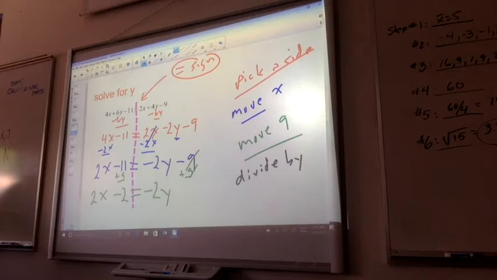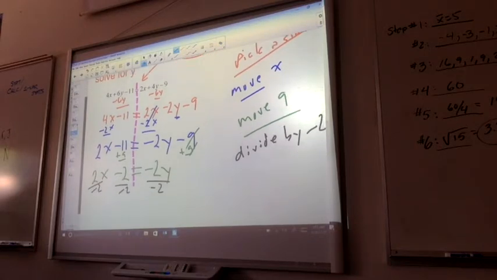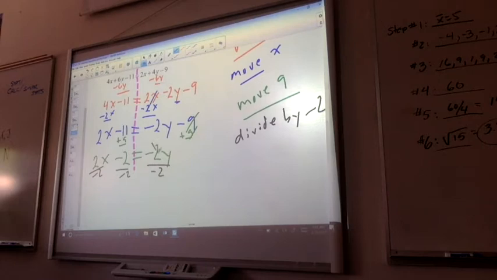And then divide by what to get y by itself? Close. What? Negative 2. Negative 2. Good. Divide that by negative 2, divide that by negative 2, divide that by negative 2. Let's move it down. So this is going to cancel. So what am I left with over here? Y. And then what is this reduced to?